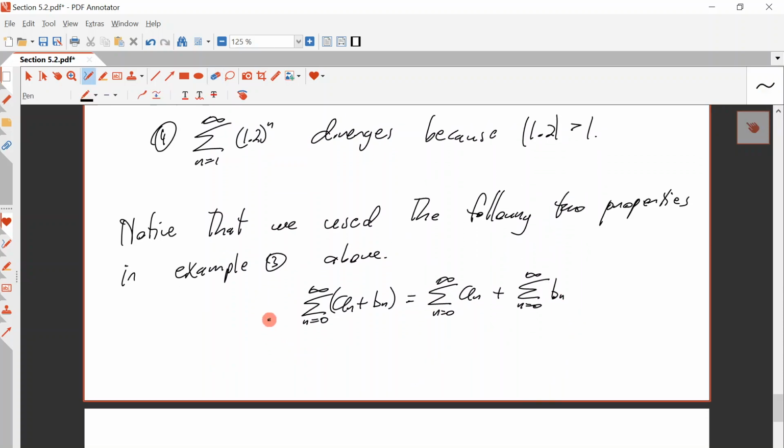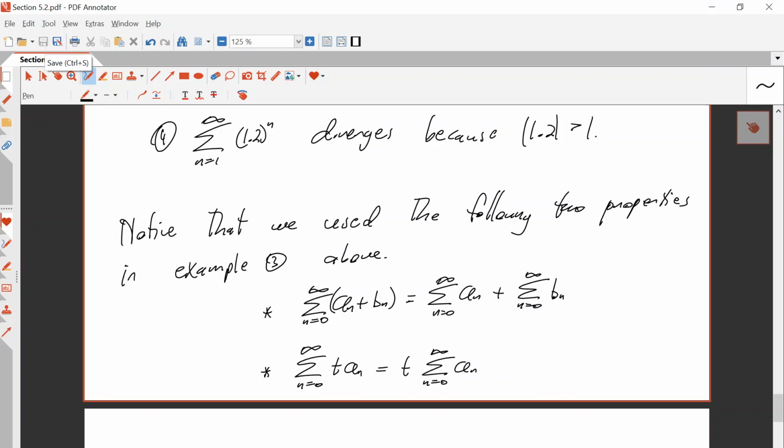And two, the sum n equals 0 to infinity of some common factor t times an is t times the sum n equals 0 to infinity of an. Alright, so those are a couple basic properties about working with infinite series.